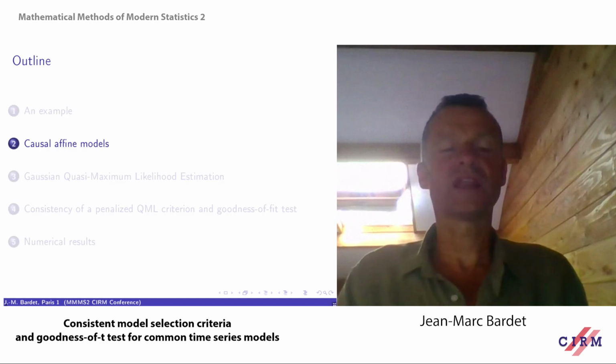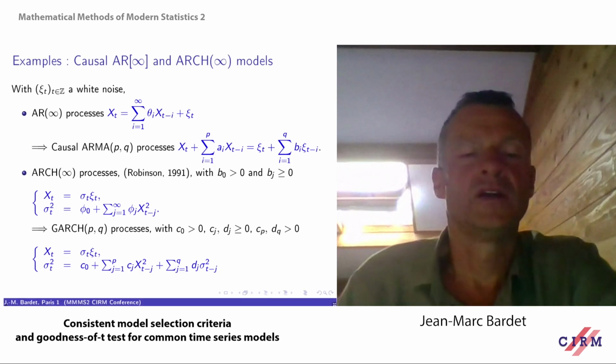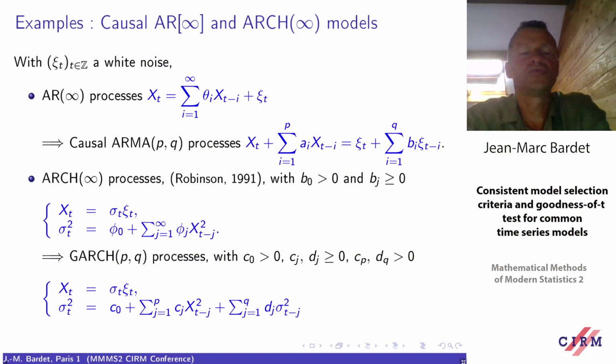This larger class of models is called the class of causal affine models. We go back to two more general examples.